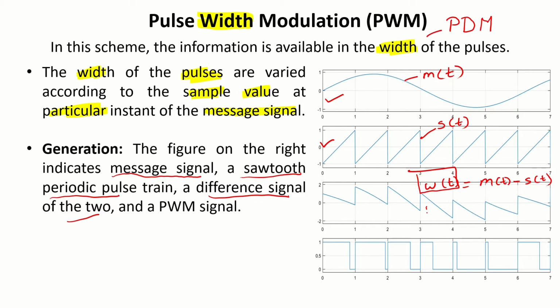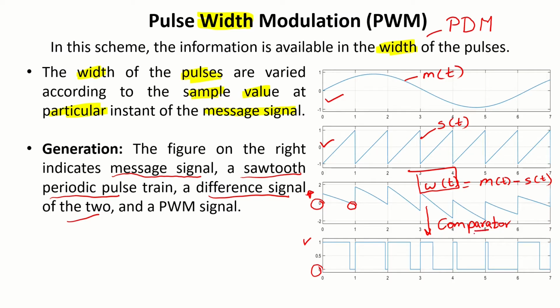And from this third plot we use a comparator. That is, we set a threshold at 0. So whenever the signal is above 0, we will consider a value of 1, and whenever it goes below 0, we would consider a value of 0.